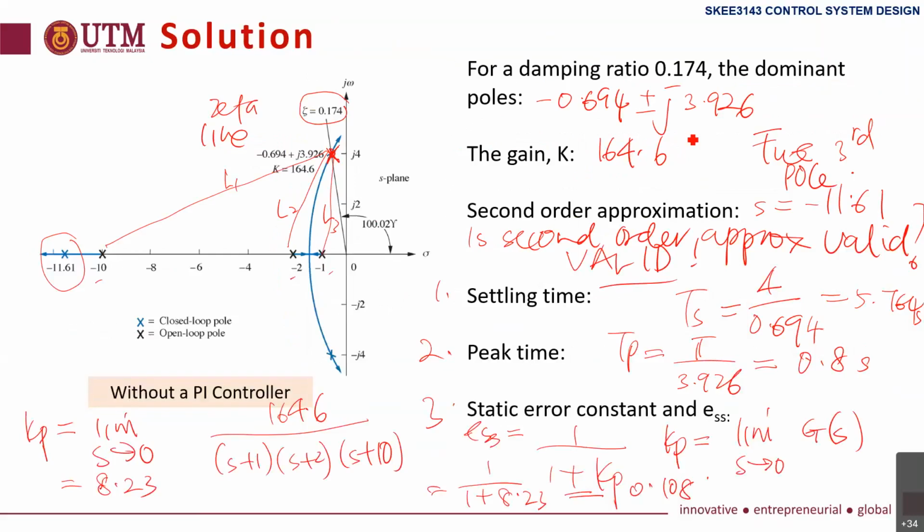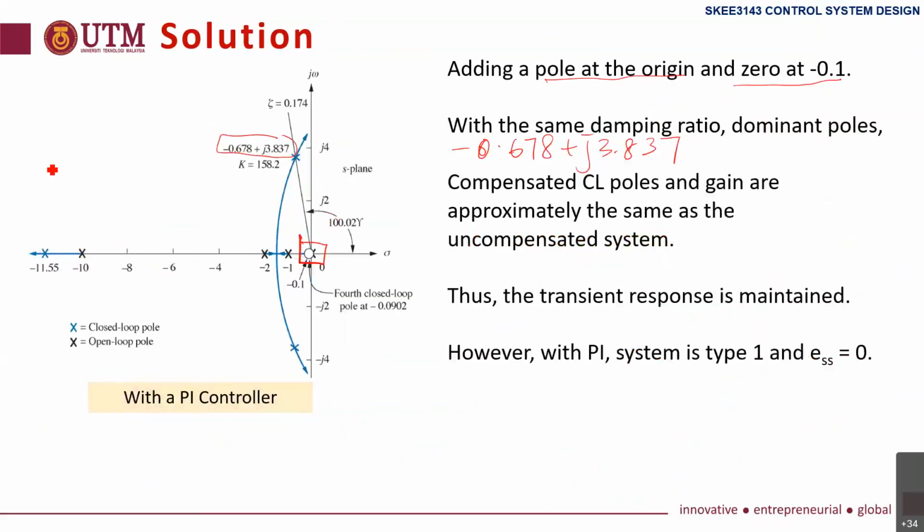Remember the original one is -0.694 ± j3.926. It is slightly different because we add a pole and zero, but you see, not much different.